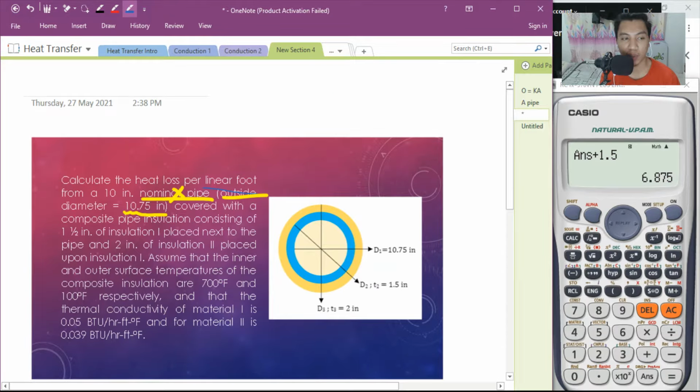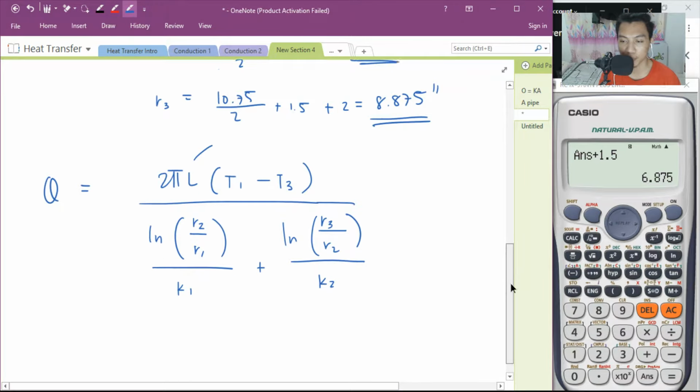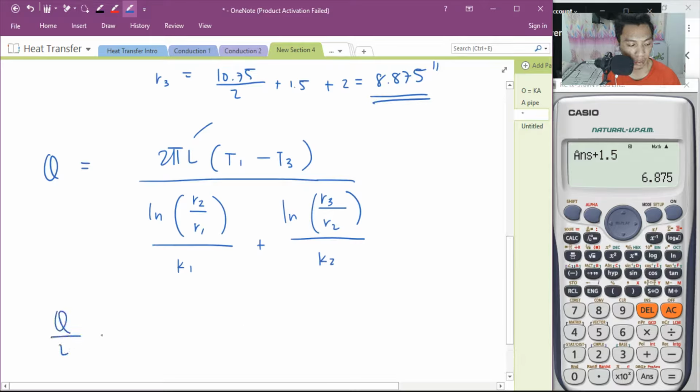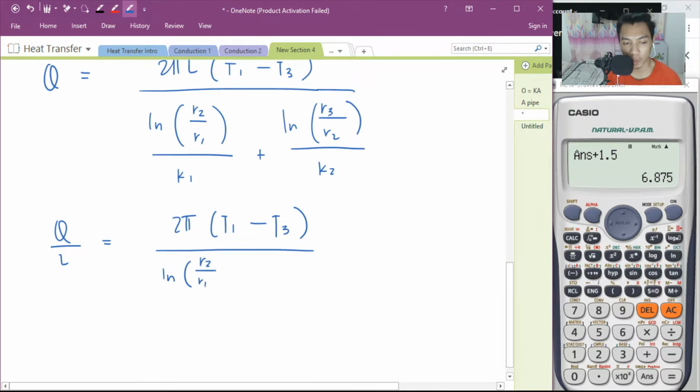Eh, sir, ang binigay dito, calculate the heat loss per linear foot, per foot. Ibig sabihin, itong length na to, nandito sa ilalim ni Q. Okay, Q over L equal to 2 pi times T1 minus T3 over ln R2 over R1 divided by K1 plus ln of R3 over R2 over K2.